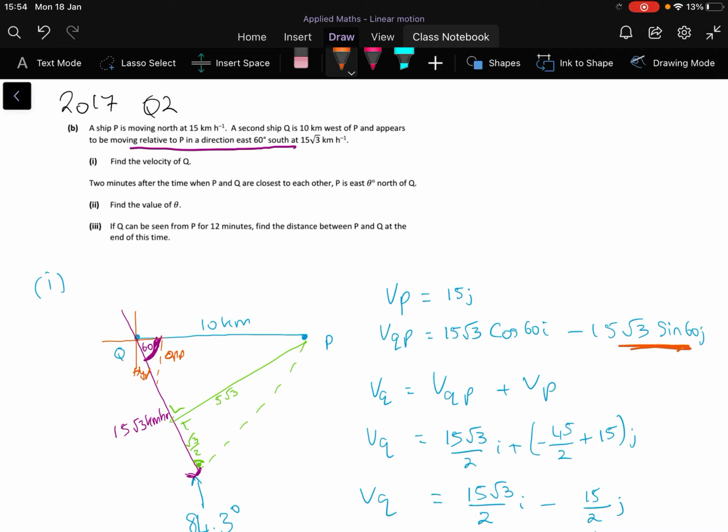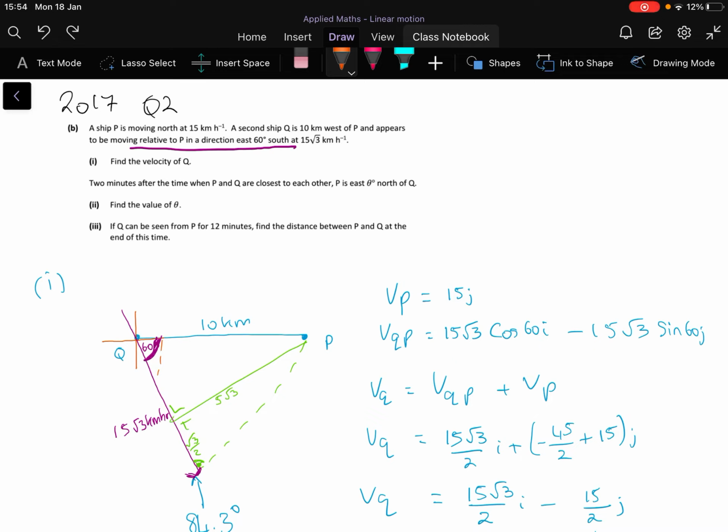So that's my j value. Whereas if I'm looking for the i value, that's going to be the adjacent to the angle, so that's why I have to use cos. And that's where I'm getting my 15√3 cos 60 with the i, and 15√3 sine 60 with the j.